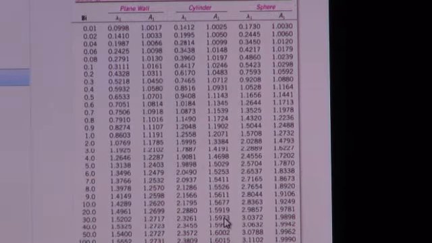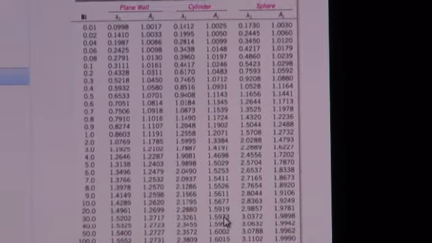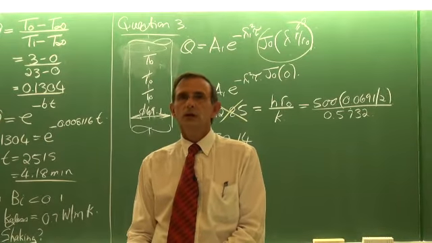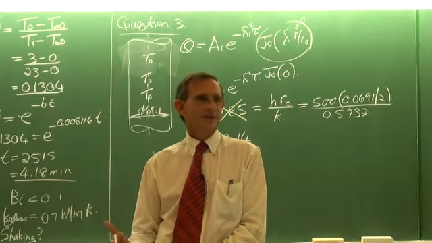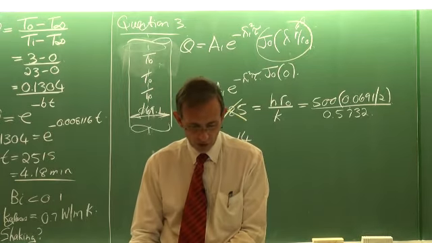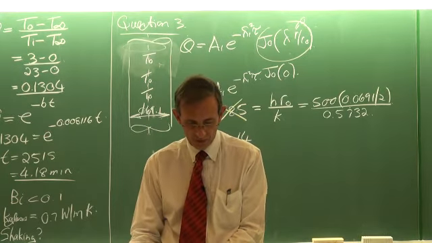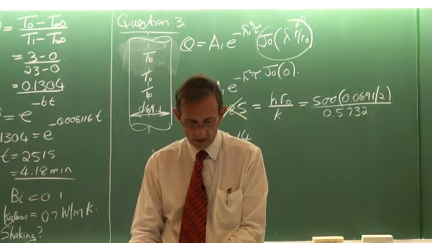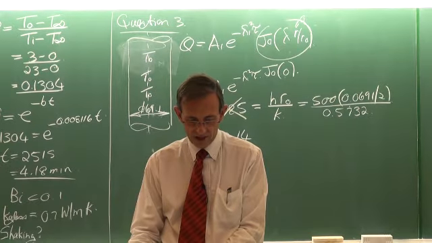Many students would ask me, well, do I need to interpolate because it's not 30? Now, I do not have a very simple answer for you. You always have to use your judgment. If I look at those values of the Biot number between 30 and 40 of lambda and A1, it varies very, very little.